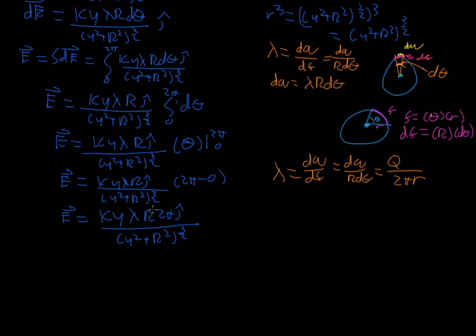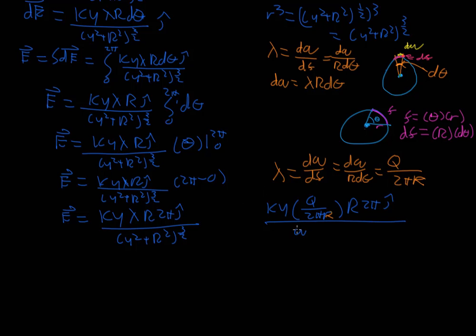And so we're going to sub in for the lambda here. If we sub in q over 2 pi r for the lambda, in the numerator it's going to be k y, then q over 2 pi r, and then big R. I just want to emphasize, this is a big R. Then times 2 pi j hat.